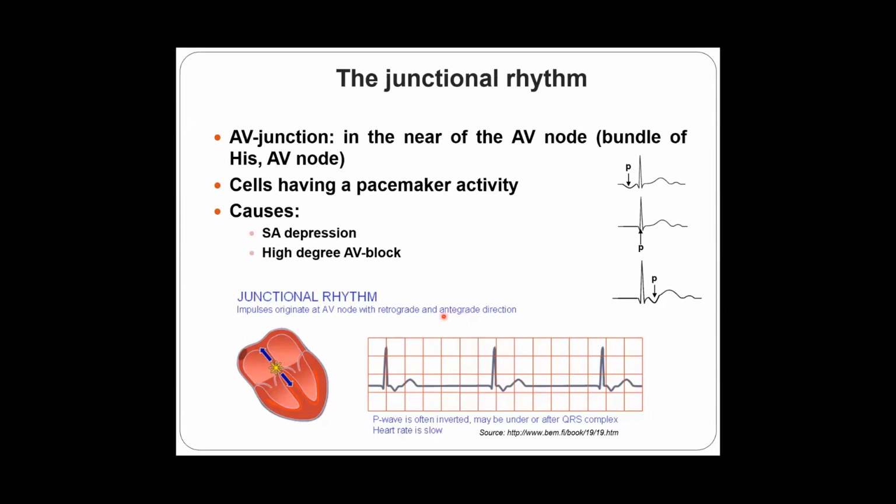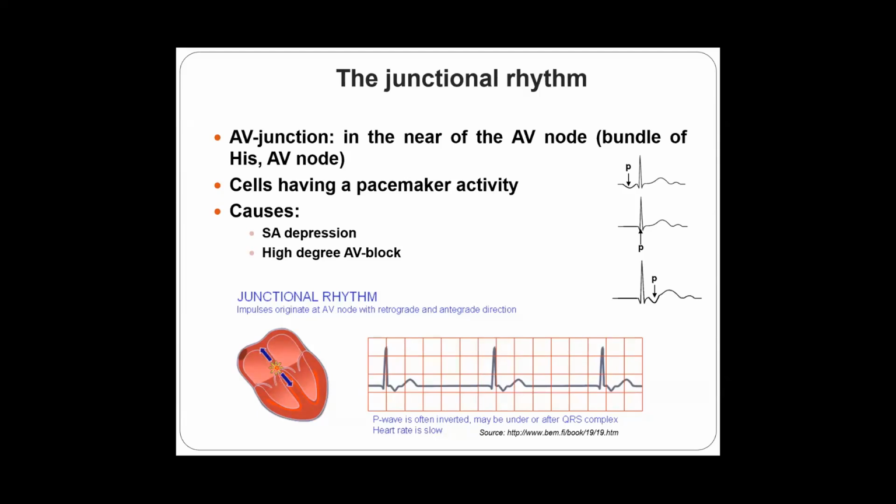Very good. And this is exactly located in the middle of the atrium and the ventricle. And the impulse from this point can go up and down. Depending on the timing, we can have, for example, a junctional beat that first activates the atrium and later on the ventricle.